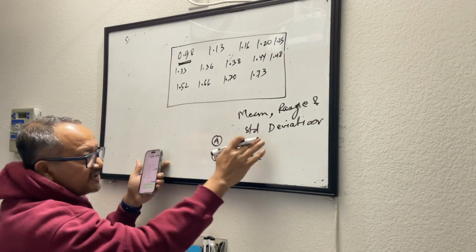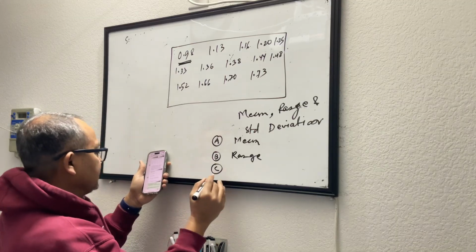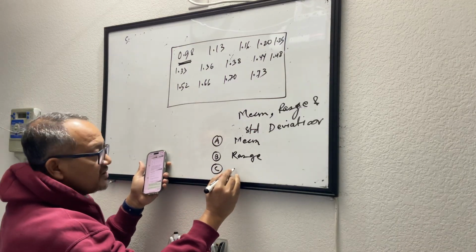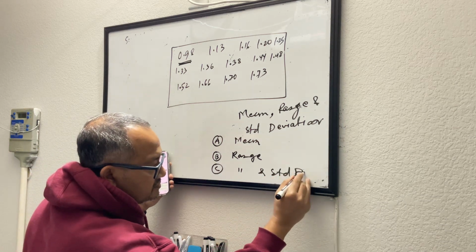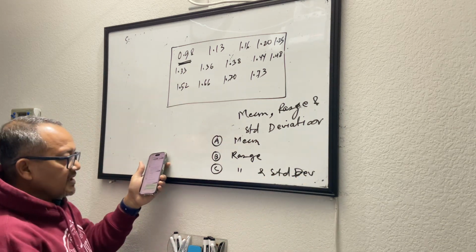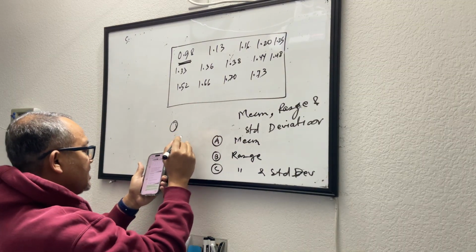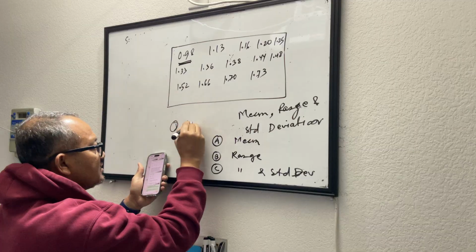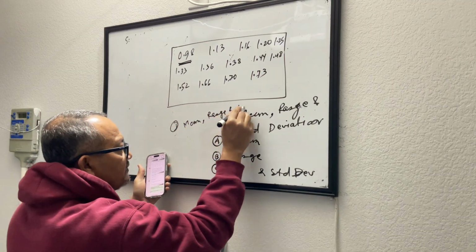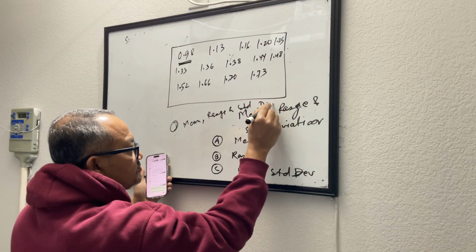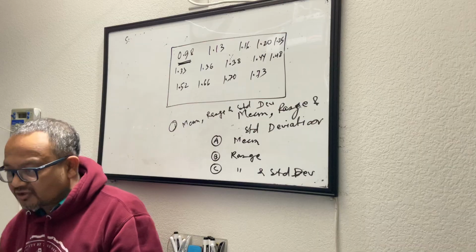Option C says range and standard deviation only will decrease. And option D says mean, range and standard deviation. So we have not touched upon standard deviation. We'll come to that, but let's see who all knows about it.